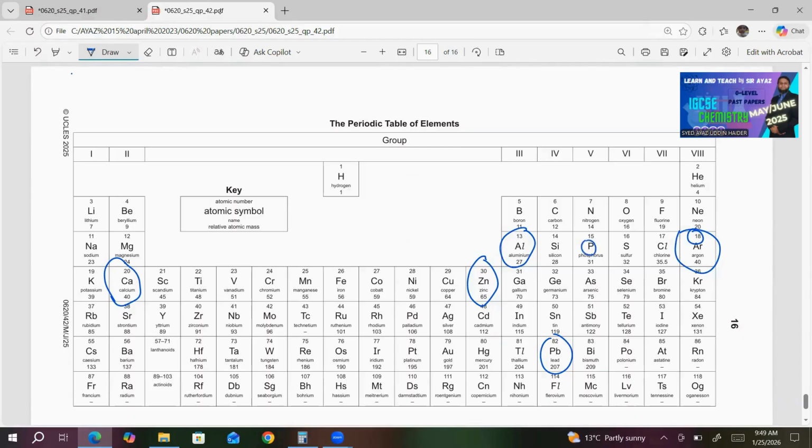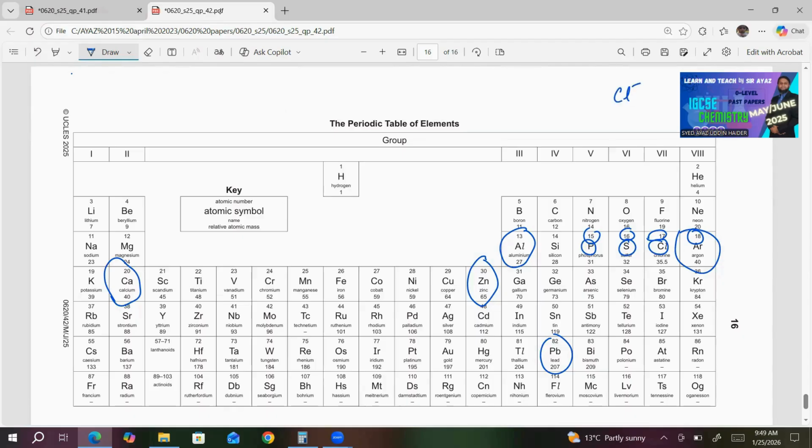We can have phosphorus, sulfur, and Cl for this. We look at their proton numbers. Chlorine will form a Cl negative ion after gaining 1 electron because it has 17 as its proton number, which means it has 17 electrons. So after gaining 1 electron, the electronic configuration becomes 18. So it will form the Cl negative ion.